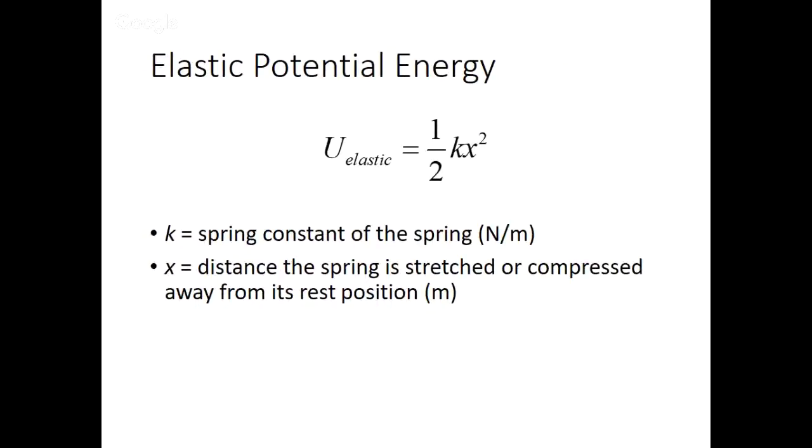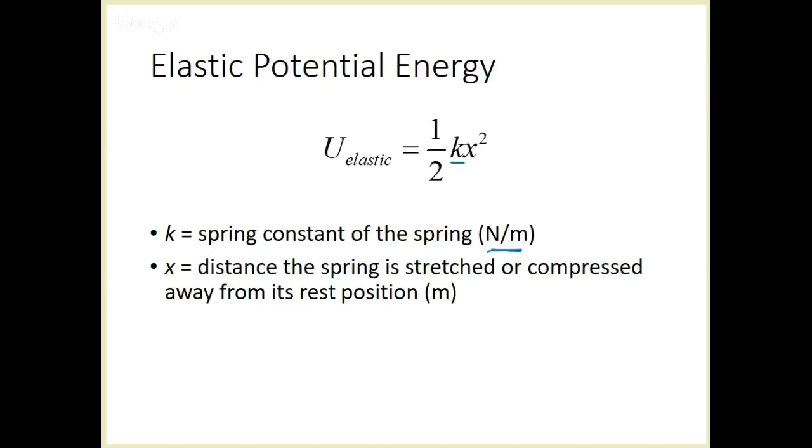Then we've got elastic potential energy, where U elastic is 1/2 kx squared. Now this introduces the whole idea of the spring constant, k, in newtons per meter. All that k tells me is how many newtons of force I'm going to need to stretch or compress the spring 1 whole meter beyond its rest position.